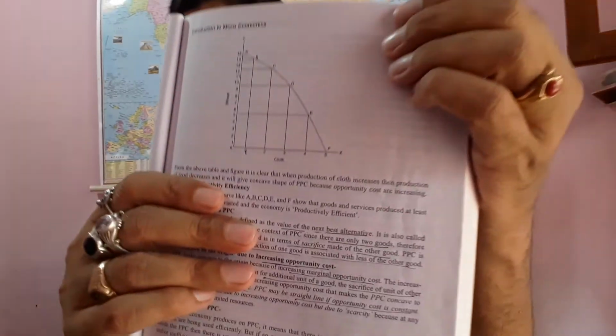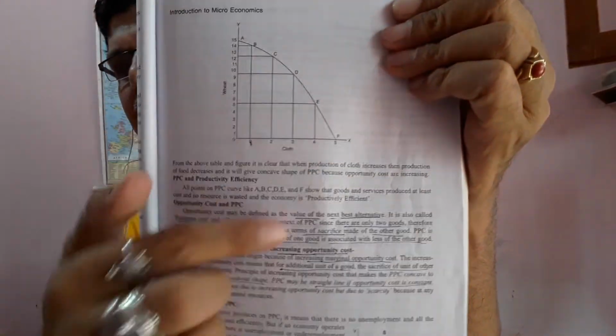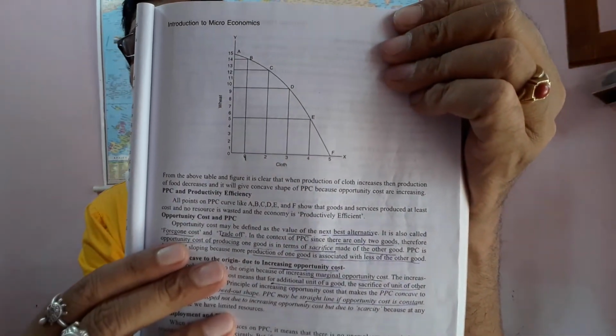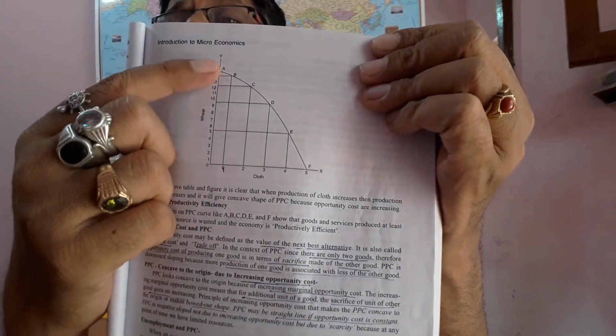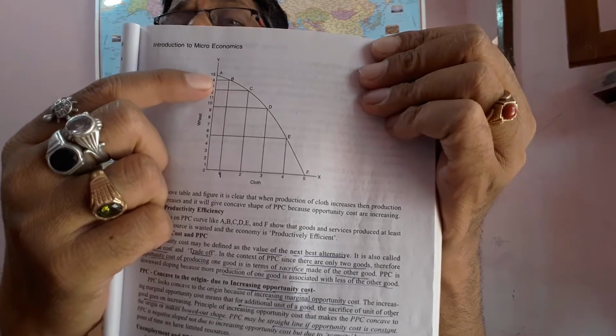The production possibility curve would be of this kind, concave to the origin, which also shows that to produce more of one commodity, some amount of the other commodity should be sacrificed.